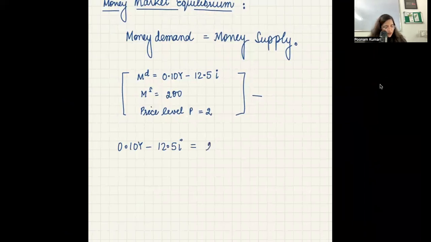Money supply here is 200, and I have to do MS by P. P here is 2. So this side is my money demand, this side is my money supply, and then I just have to equate them. So this is 0.10y minus 12.5i equals 100.